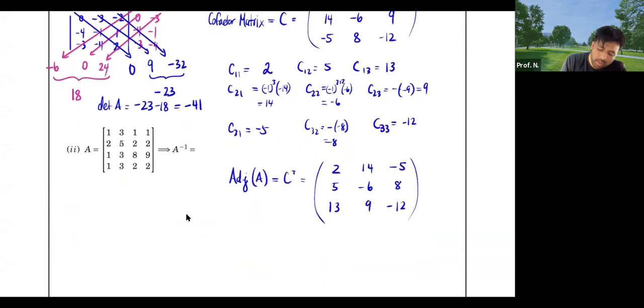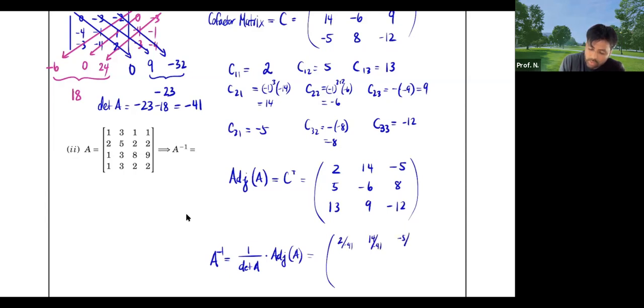And then what would be the inverse? It would be 1 over the determinant of A multiplied by the adjoint of A. So this would be everything multiplied by 1 over -41. So this would be 2 over -41. This would be 14 over -41.